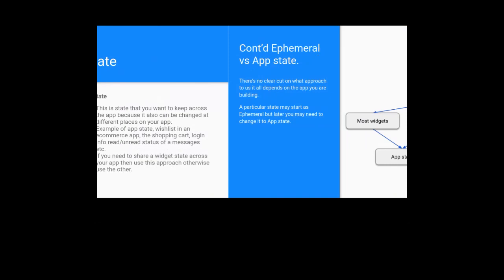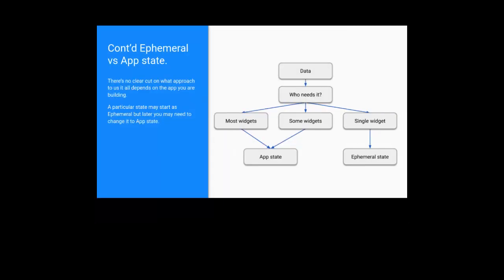So you might have to now decide whether to use ephemeral state or app state. The diagram there will give you a guide on which state you can choose. If you have data that is needed by some widgets, or most widgets, that means it's needed by more than one screen on your app, which doesn't need to be open.